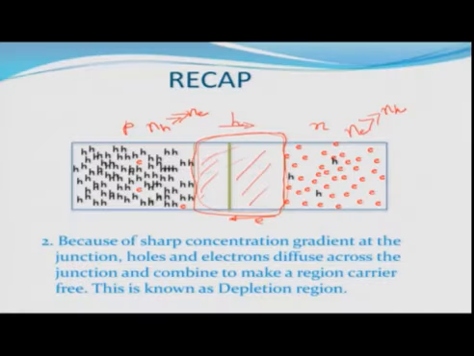So, recombination takes place in general, and new hole electron pairs also are generated. Because of this concentration gradient, because of this diffusion, holes are coming in large number and combining, but then the new ones are also created, but even they are not present here.